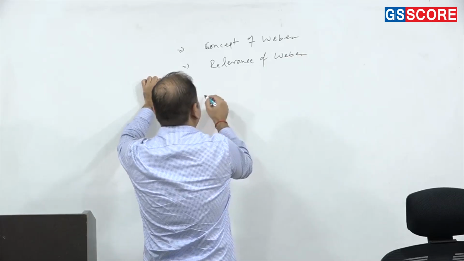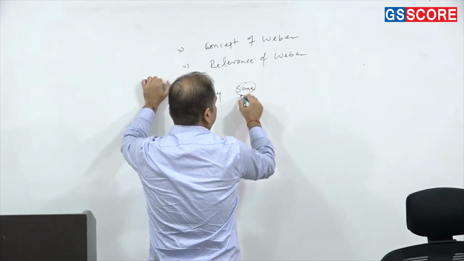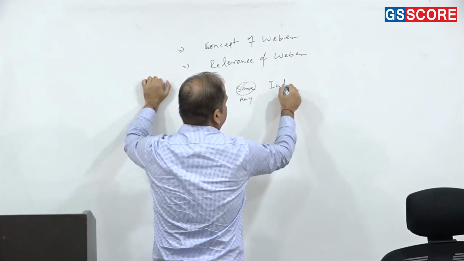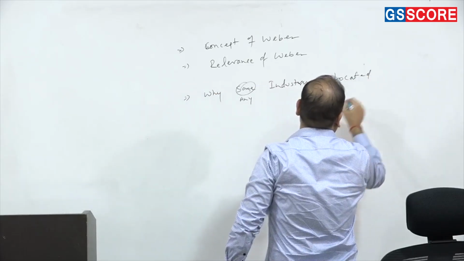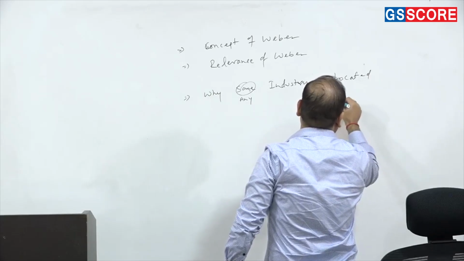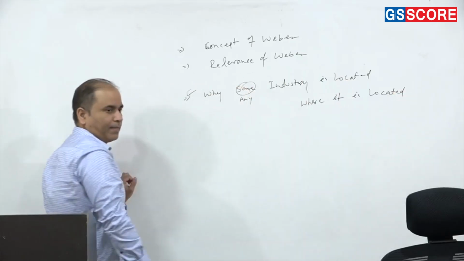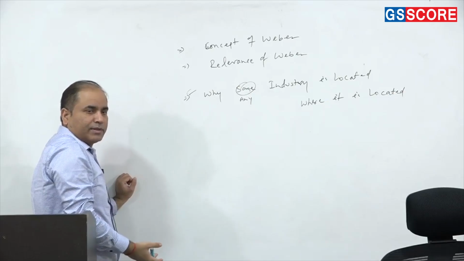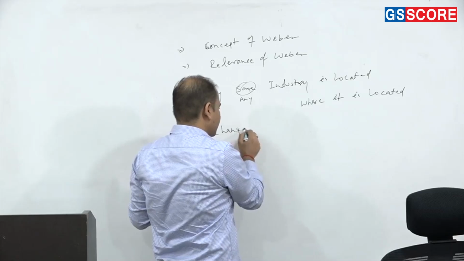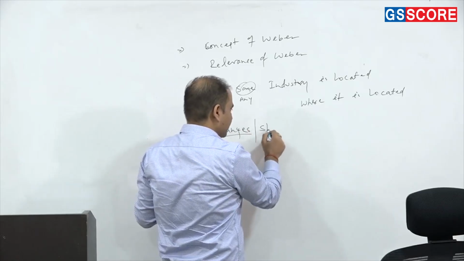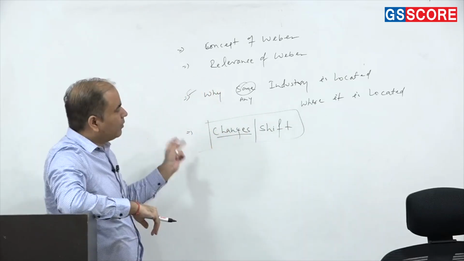Then simply it can be asked why any industry is located where it is located. Again, you need to find the answer from the Weber's idea only, and then the most important, changes, shift. You need to remember why the shift is happening.